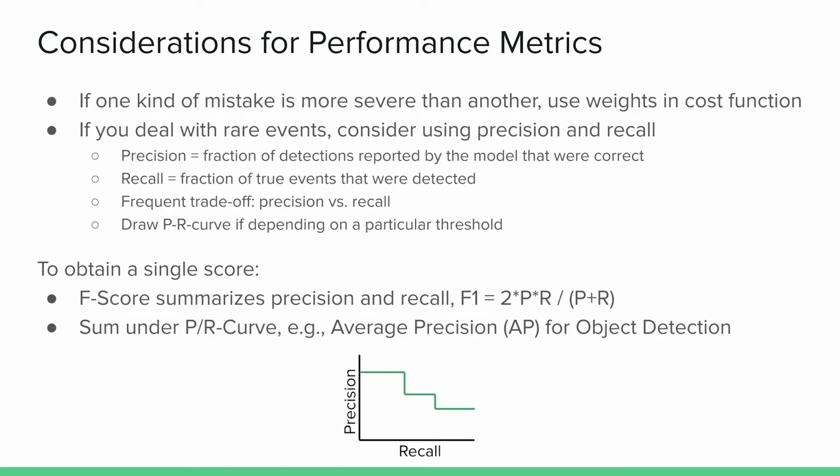Some considerations for the performance metrics: if one kind of mistake is more severe than a different one, you can actually use that knowledge that you have about the problem in your cost function. So what you can do is, if you have, for example, a network with two heads, one would be the classification of an object detector and one would be the box where it says that the object is.